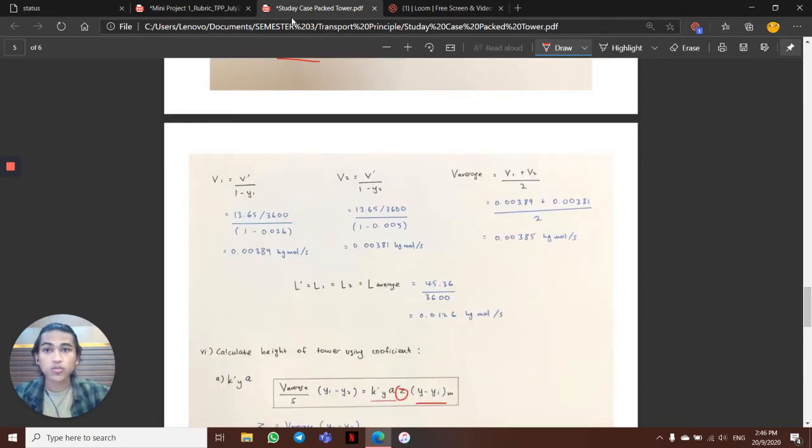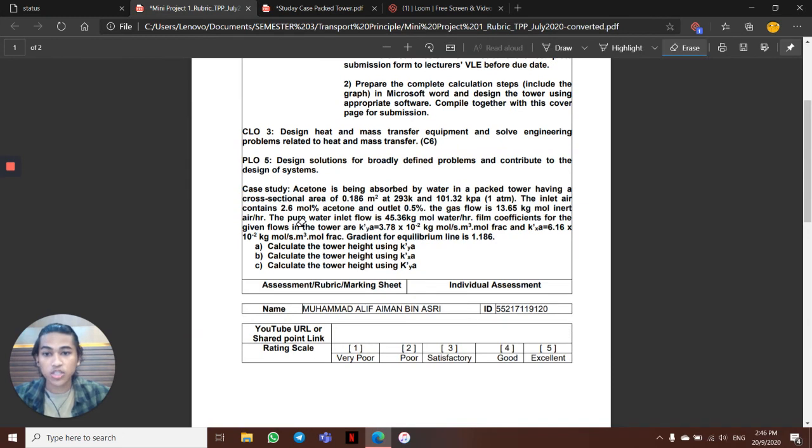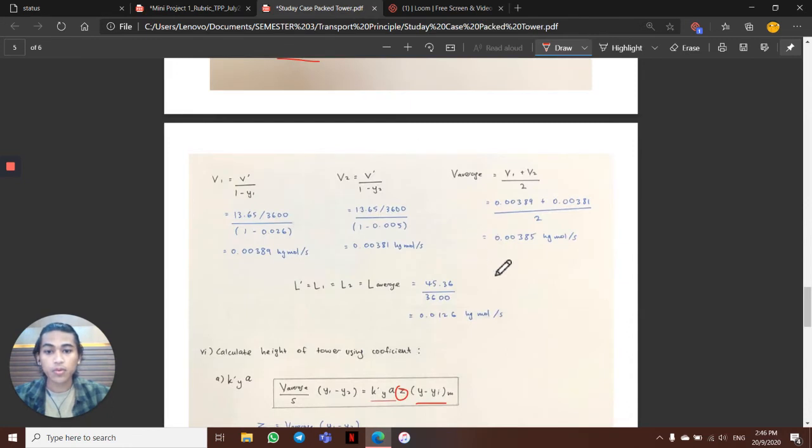If you look at the question carefully, it states that this pure water inlet flow is 45.36 kilogram mole water per hour. So we must convert from hour to second.